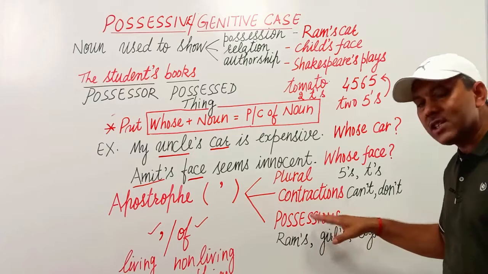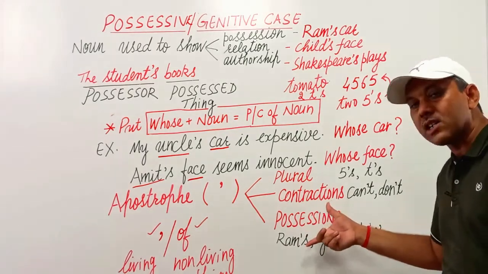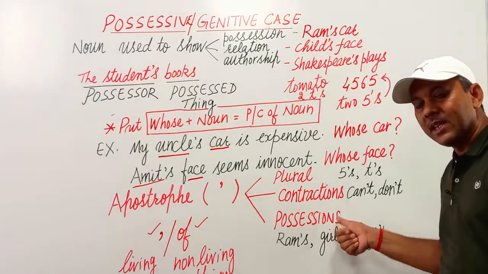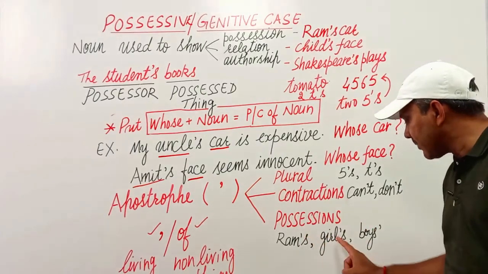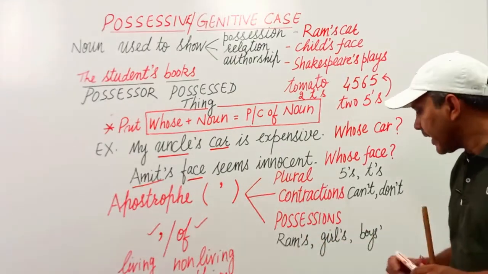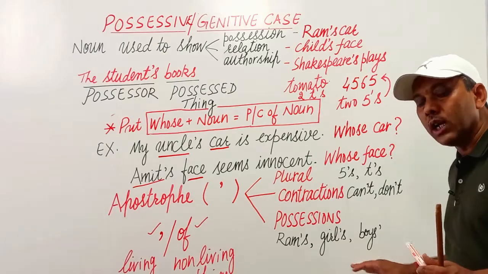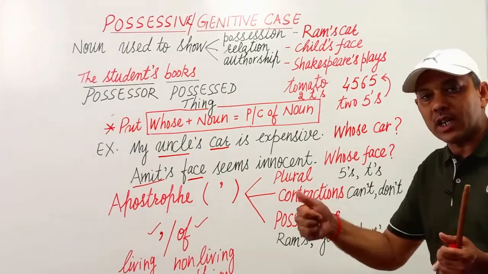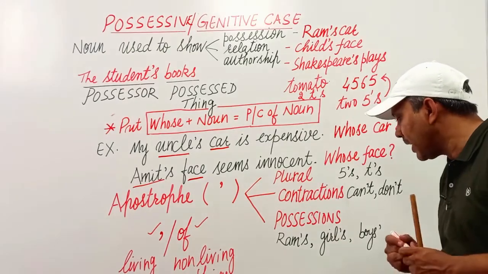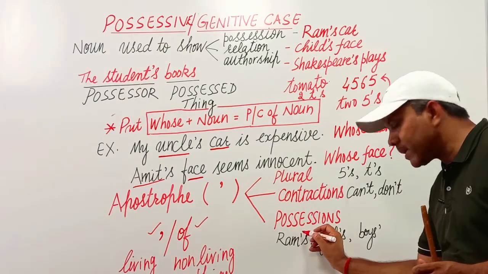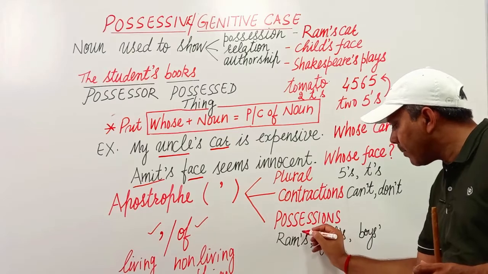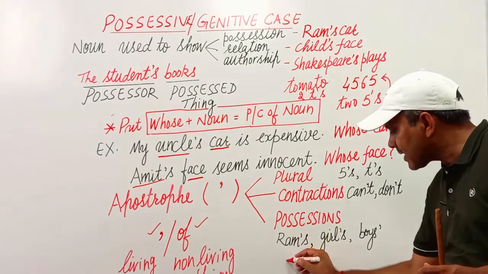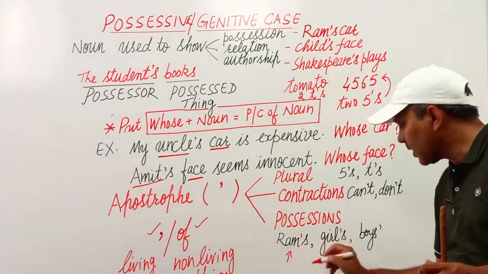And the last one, which is our topic, is possession. To show possession, apostrophe is used in case of singular or plural at different places, which we are going to study in detail. For example, Ram's: we put apostrophe after Ram and before s, meaning something possessed by Ram.